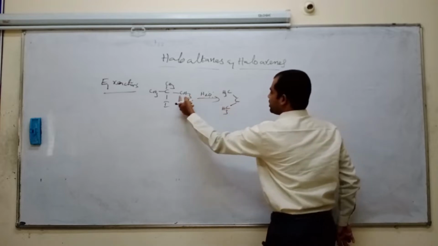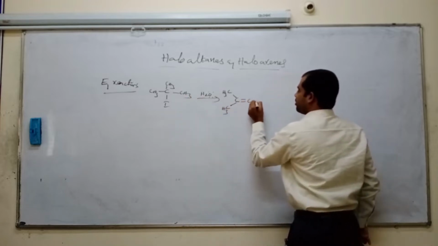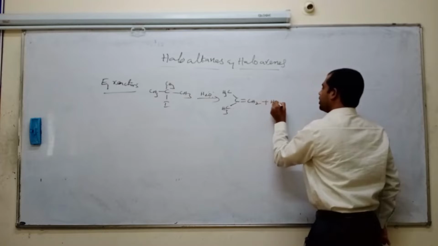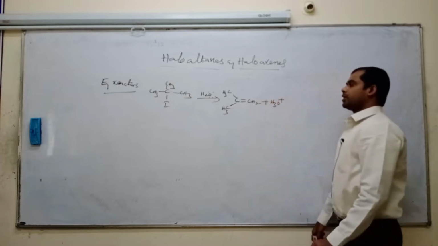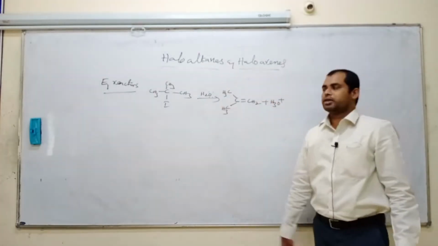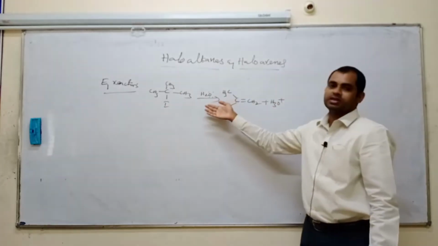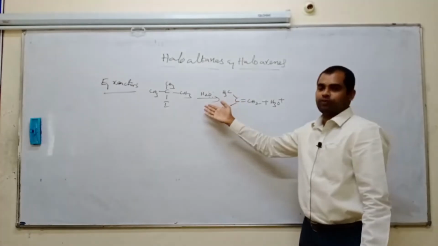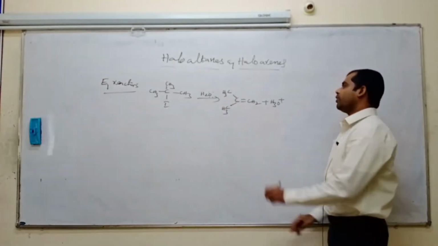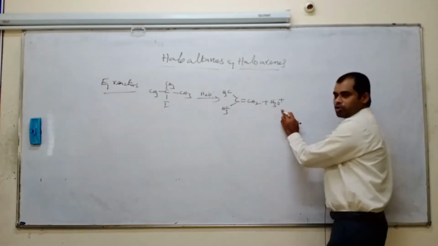One proton comes out, the single bond becomes a double bond, plus they form the hydronium ion. So this is the general reaction: a tertiary compound in the presence of a base forms alkene plus hydronium ion.